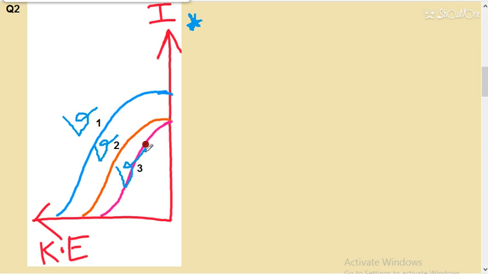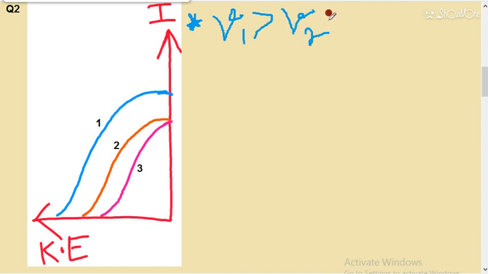Kinetic energy is changing on the negative x-axis, so that means mu1 should be greater than mu2, should be greater than mu3. So this is the relation for the frequency.